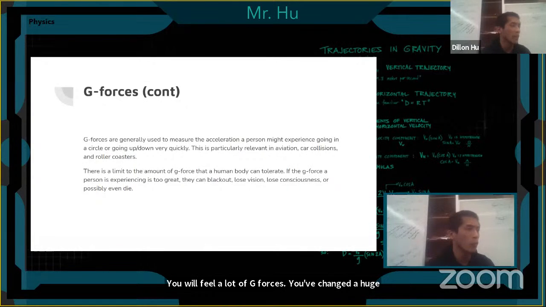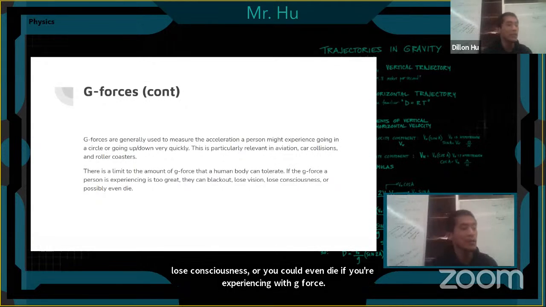The reason g-force is so important in engineering is that there is a limit to how much g-force your body can tolerate. If you feel too much, you could black out, lose vision, lose consciousness, or even die.